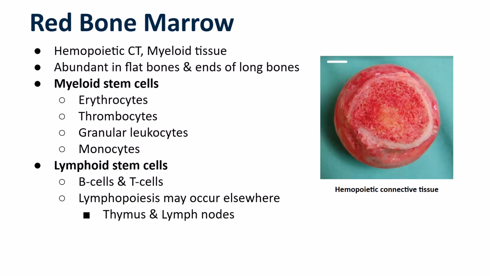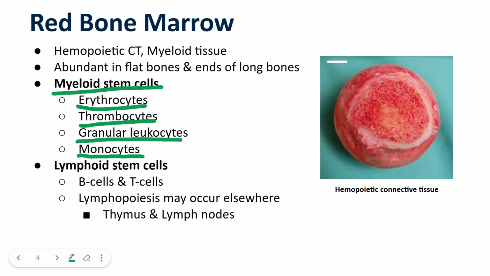And there are two types of stem cells found within red bone marrow. Myeloid stem cells. Myeloid stem cells give rise to erythrocytes, thrombocytes, the granular leukocytes, and one agranular type of leukocyte, monocytes. And then the lymphoid stem cells. Lymphoid stem cells give rise to the lymphocytes, or B cells and T cells.